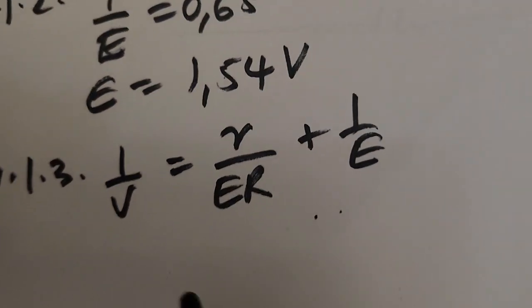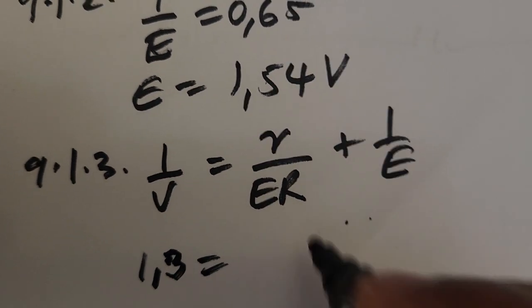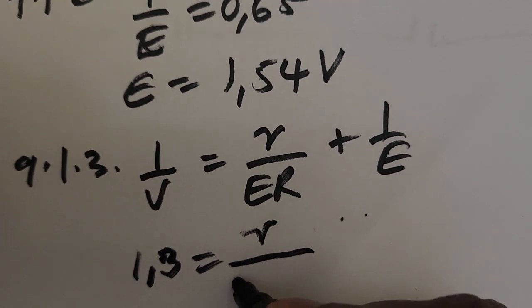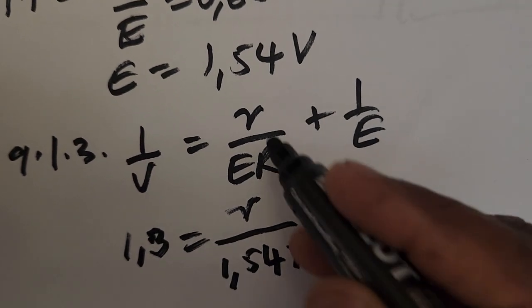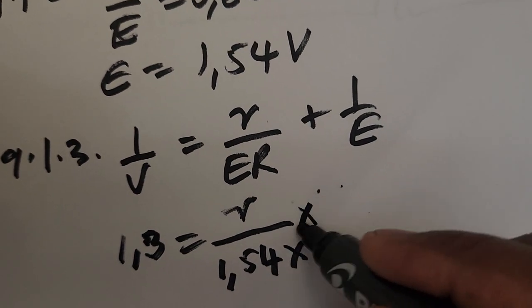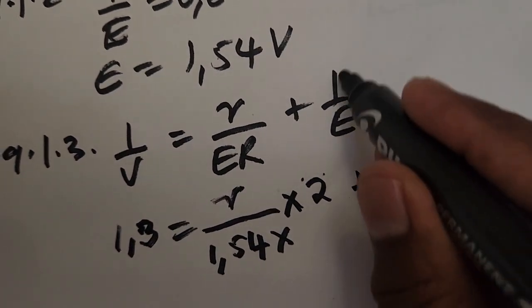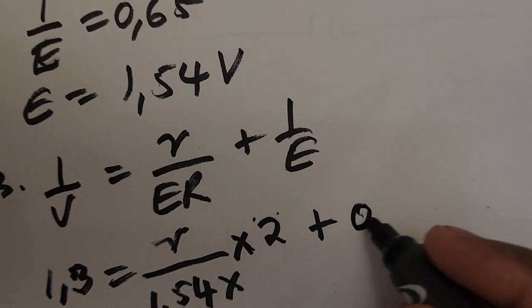Therefore, 1 over V is 1.3, and then r is the one that I'm calculating, E I just calculated is 1.54, and then 1 over R I will multiply here is 2, and then plus 1 over E, I know from here 1 over E is 0.65.